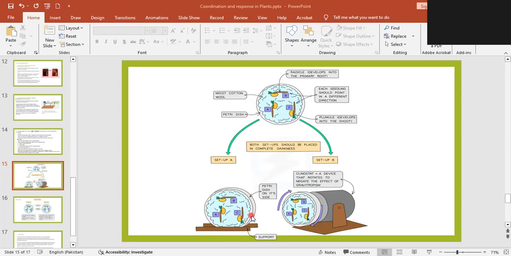It means that if the effect of light or gravity is equal on the shoot area and on the root area, what will happen to the growth of the shoot and the root? And if the plant is in a static position, in a stationary position, what will be the effect of light or gravity on the root and the shoot? Getting my point? So you are studying the effects of those two factors. Your setup A would be your experimental one, and your setup B would be the control one.